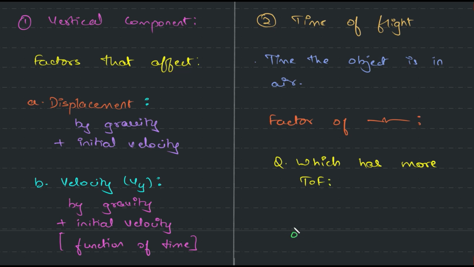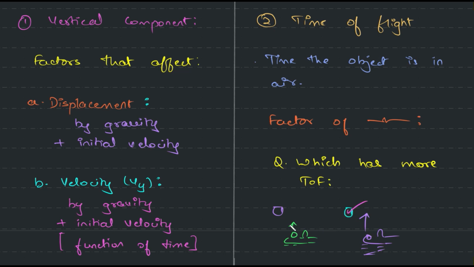Which has more time of flight? An object thrown with some force, or an object thrown with very little force? From here, the person takes something like this and this, which has a better chance of going higher, or which has more time of flight?